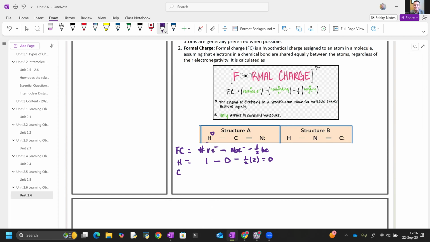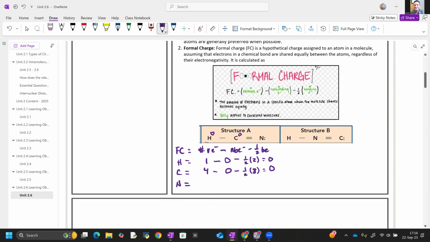We look at the carbon, and the carbon we know has 4 valence electrons. In this picture, we have 0 non-bonding electrons, no lone pair. And so minus 1/2 of 2, 4, 6, 8. And 1/2 of 8 is 4. So 4 minus 4 is 0. So the formal charge of carbon in structure A is 0.